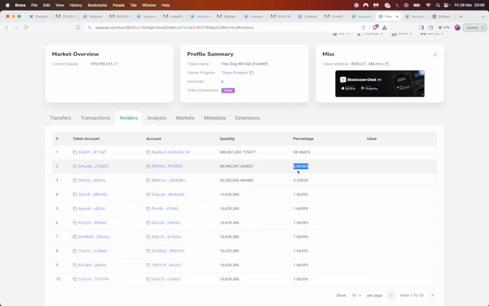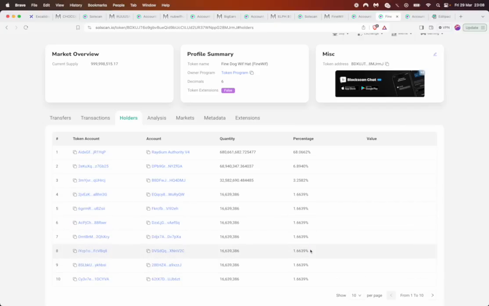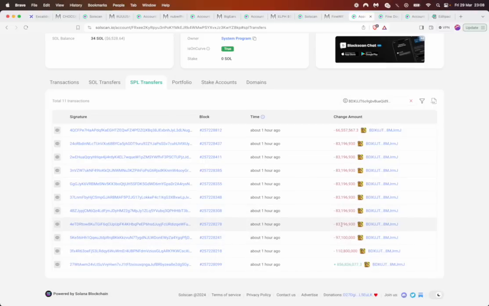It looks okay. Maybe 6%, 3%, 1 point something. But why are these ones so equal? Oh, okay, it's probably because of distribution from the sniper's wallet. Distributing equally across different wallets to make it look safe. You can see what he's doing here. Equal, equal, equal, equal, equal.